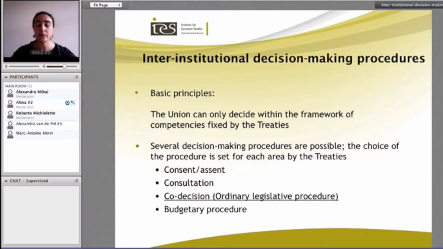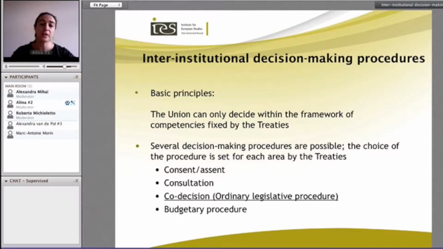And now I would like to go to the next topic, and this is the interinstitutional decision making. Here we're going to take a look at how the legislative decisions are actually taken, what procedure is employed, and who is involved in it. One of the important principles here, or the basic principles that we have, is that the European Union can only decide within the framework of the competences that are fixed by the treaties.